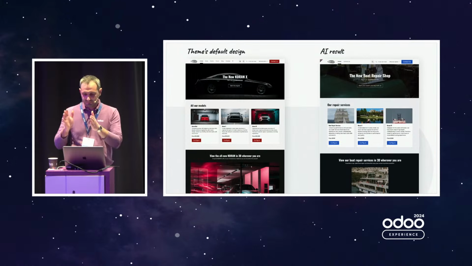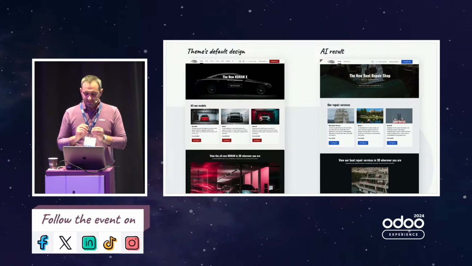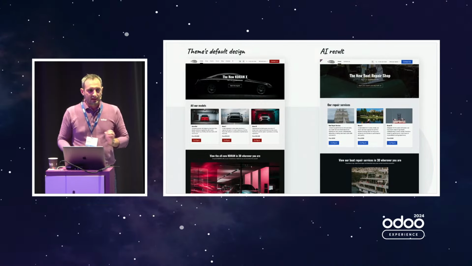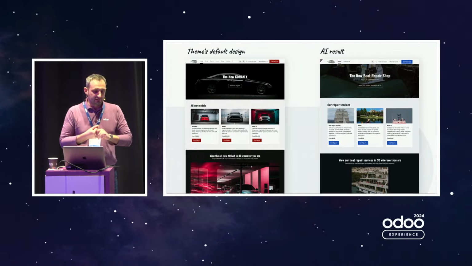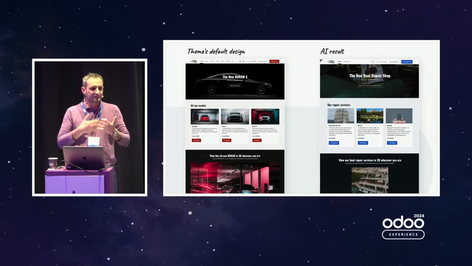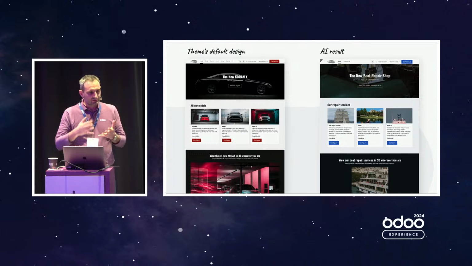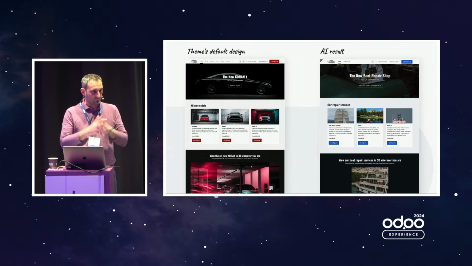A business type to be specific, some colors that are the ones that you choose. But the result may sometimes be suboptimal. Why? Because there is a layer underground in Odoo in the configurator that replaces all the text, the color, the layout, trying to adapt the design and the content to your business.